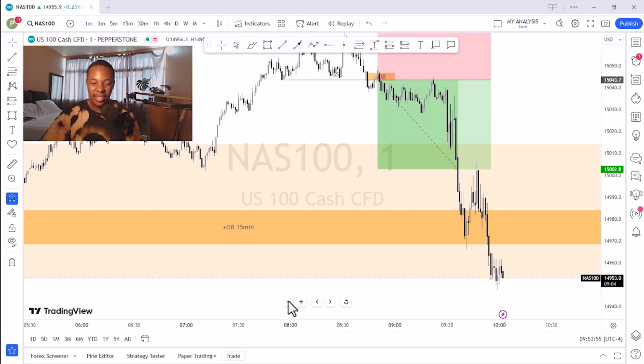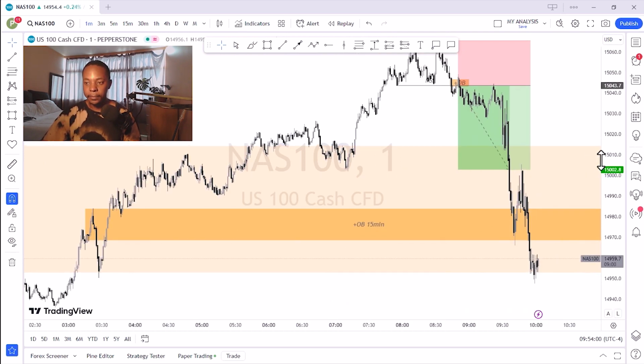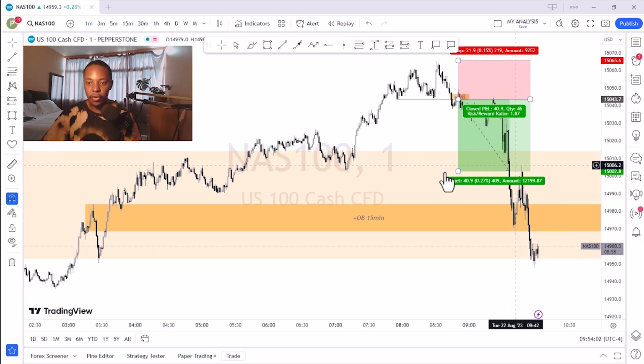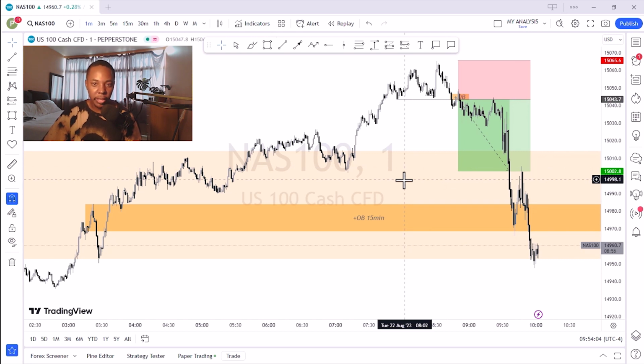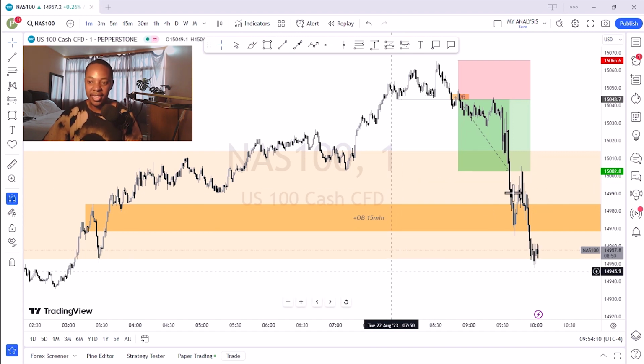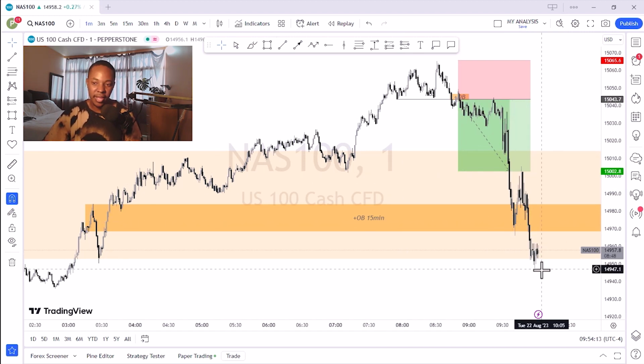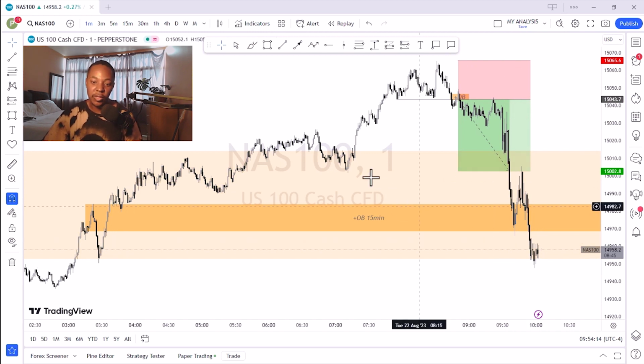I already hit TP. So yeah, I know some of y'all might be screaming there like, why didn't you just hold it? You could have passed the challenge. Yeah, I know, I know, but did I think it'll do all this? No, I just had to make sure that I close. It was either I closed my trade or close partial.